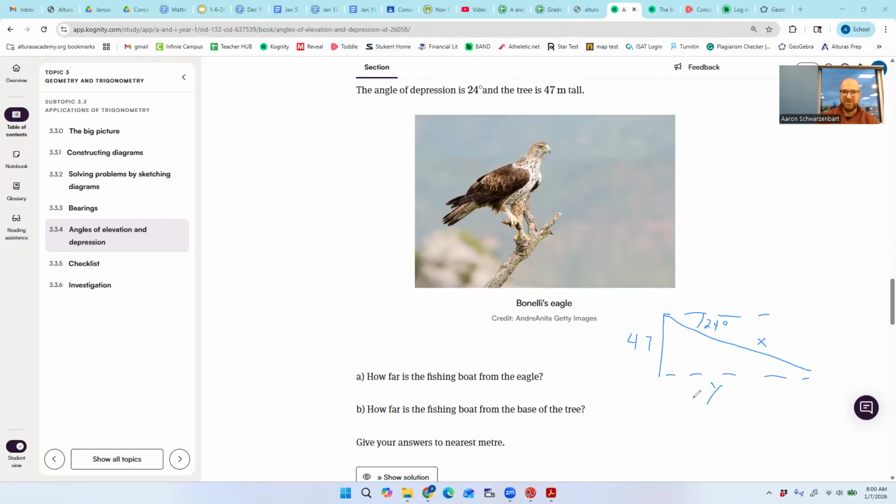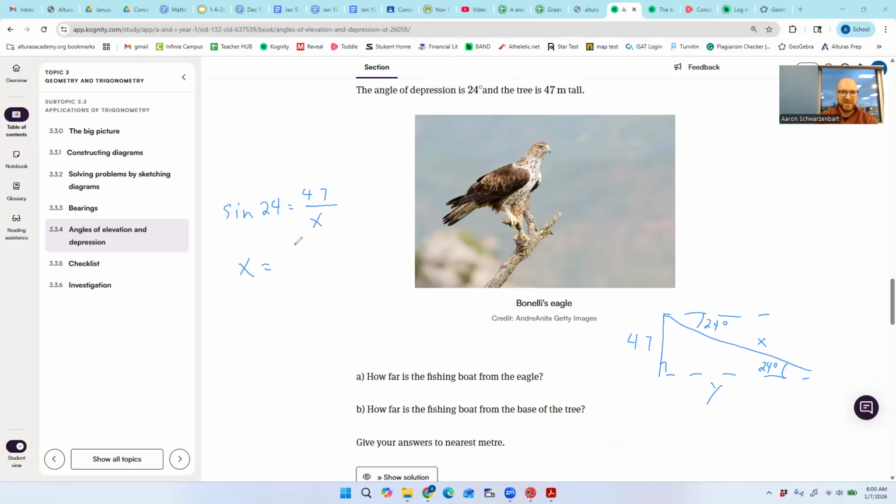And then the second one asks me for y. So if this is 24, I also know that that is 24. So I could use a sine here. Sine equals opposite over hypotenuse.